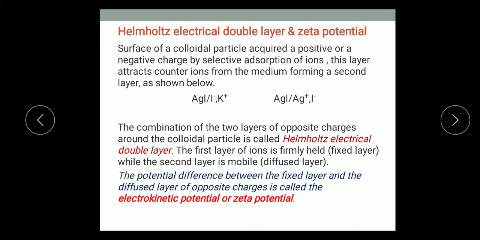So we have a two layer or double layer of charges. This combination of the two layers of opposite charges around the colloidal particle is known as Helmholtz electrical double layer.